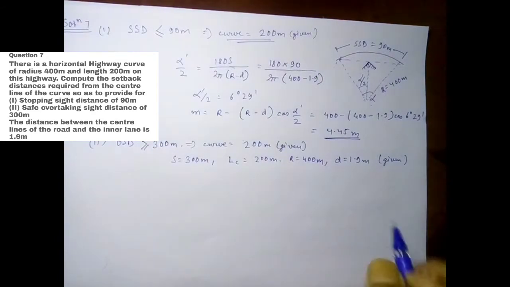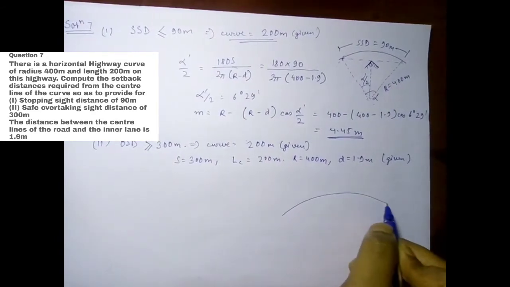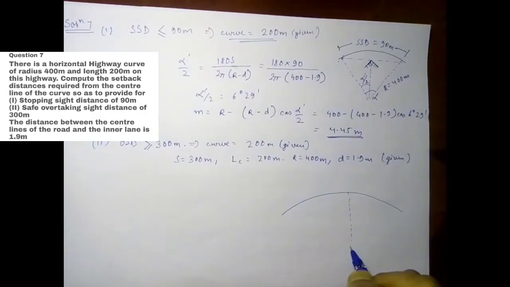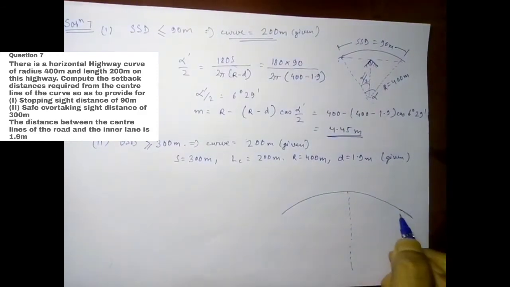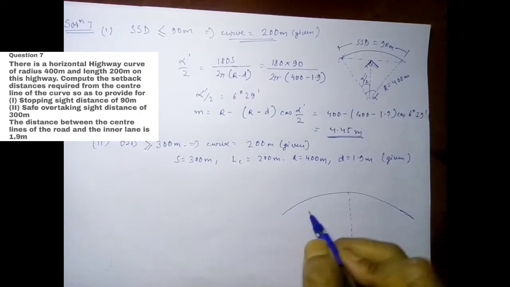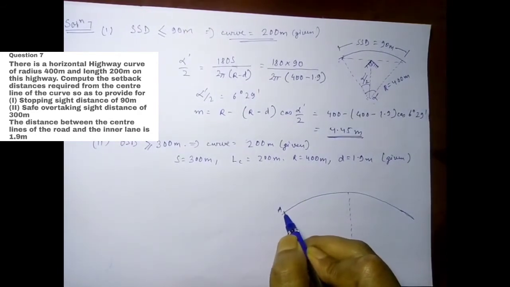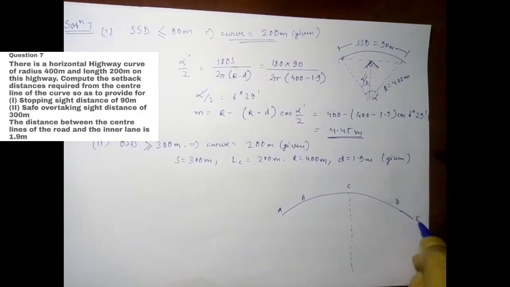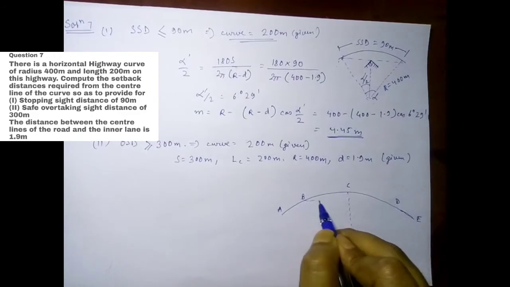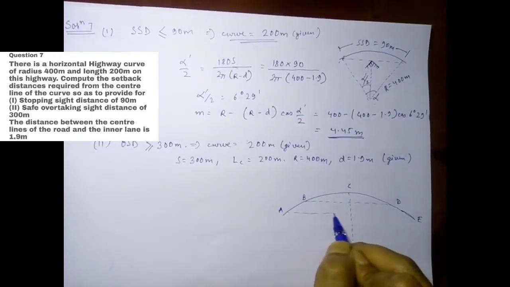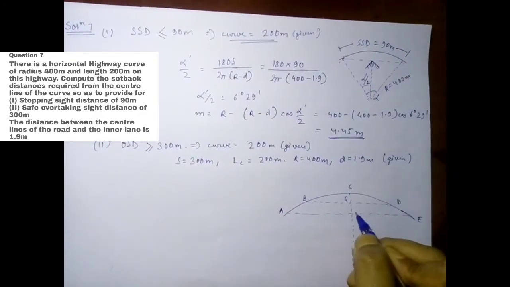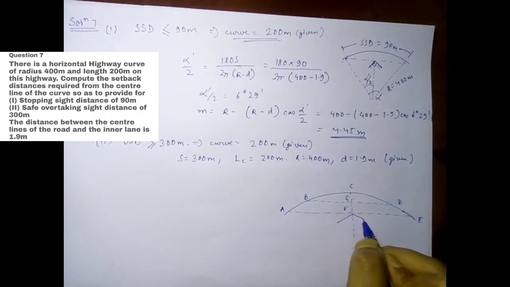So let us draw the figure. Let us consider the road length as A, B, C, D, E and let us join these two, BD and AE, and this is G and this is F. Let us consider the obstruction to be over here.